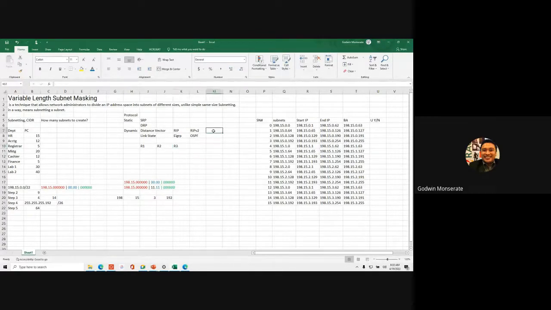Otherwise, distance is measured by bandwidth. So you compute how many hops it takes for you to reach a particular router.